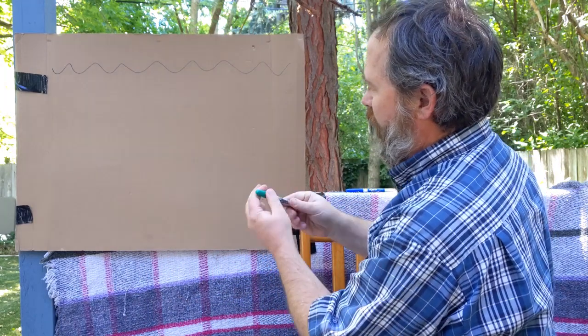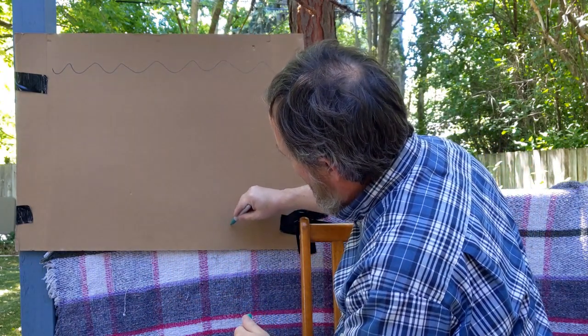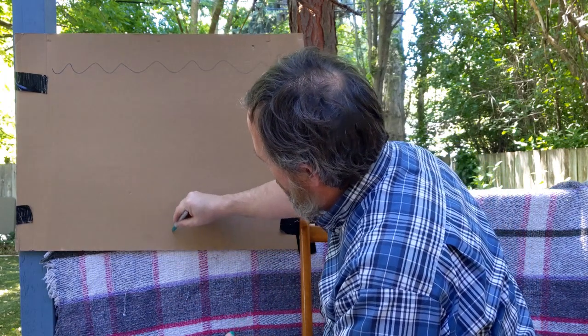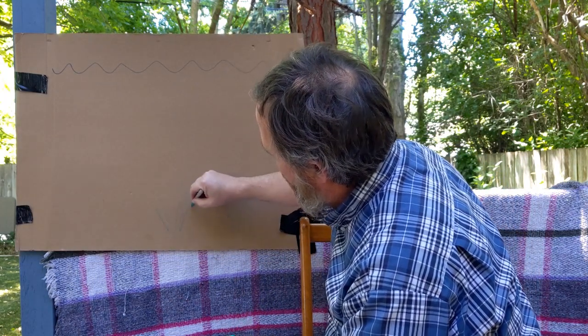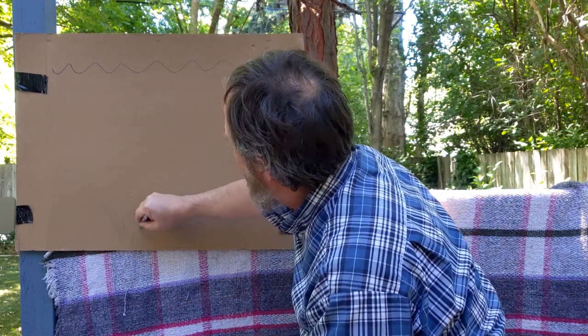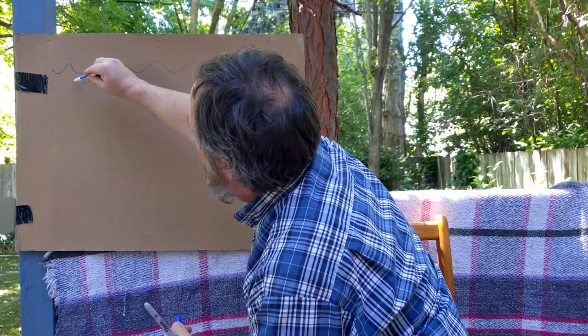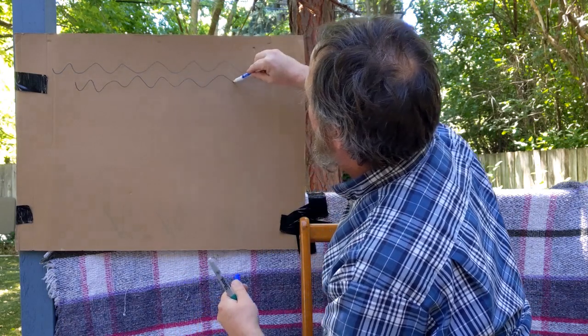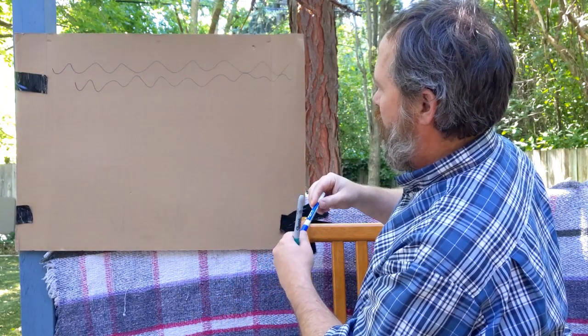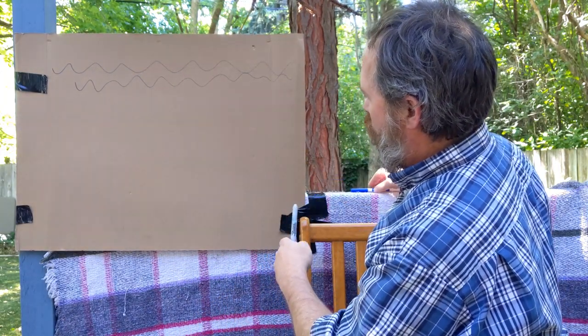What else could we find in the ocean? Maybe we'll have some plants at the bottom of the ocean. Got some plants under there. Maybe a few more waves, just so we know where the ocean is. There's our ocean, and there's our waves.